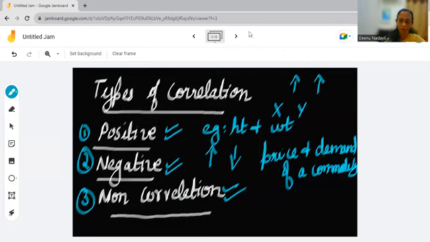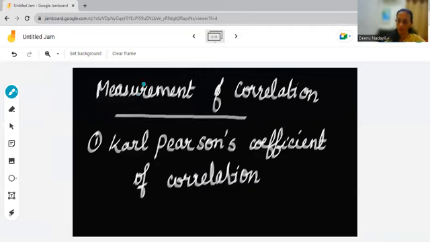Now, coming to the measurement of correlation, which is very important. When we studied the uses of correlation, we said we can measure it in one figure or one number. So how do we measure it?